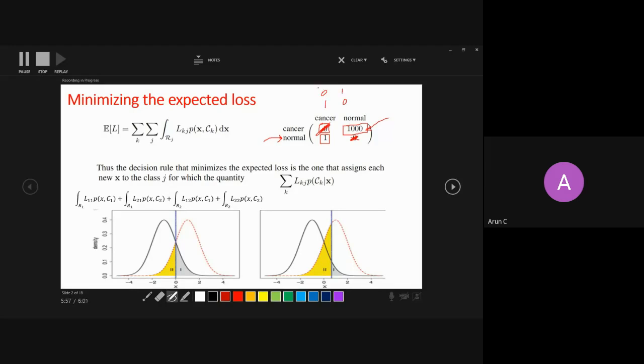So which decision boundary will be okay for the optimal decision boundary? This is 1 and this is 2, let's say. If my cost matrix is this, which decision boundary is okay for it, 1 or 2?